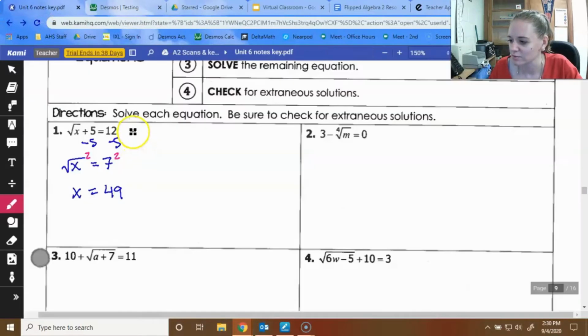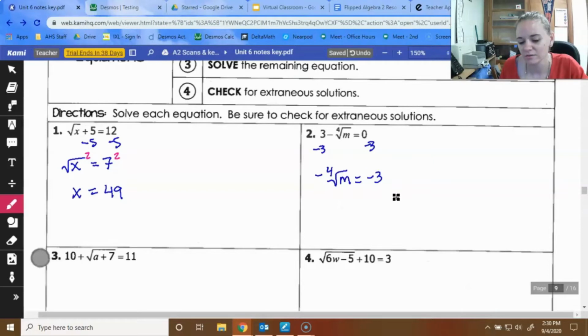That's the first one. Let's go ahead and do the second one. We isolate the radical, so we're going to have to move this 3 over, meaning we subtract 3. What's left is negative fourth root of m equal to negative 3.